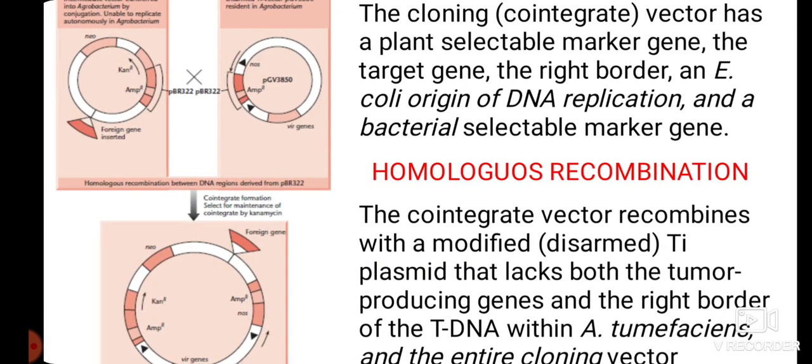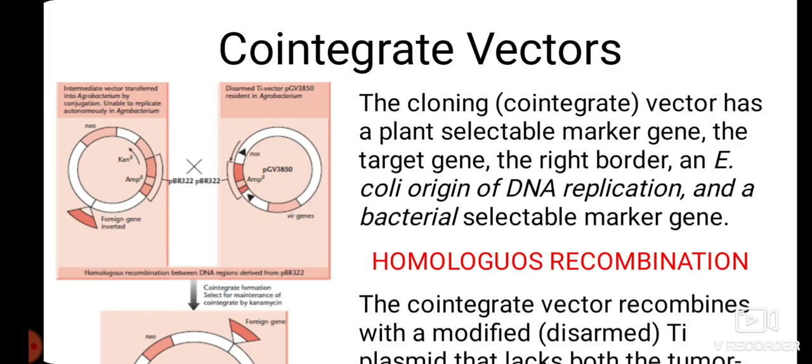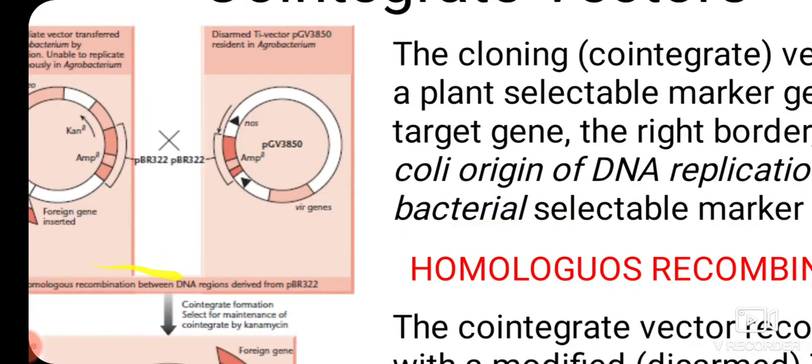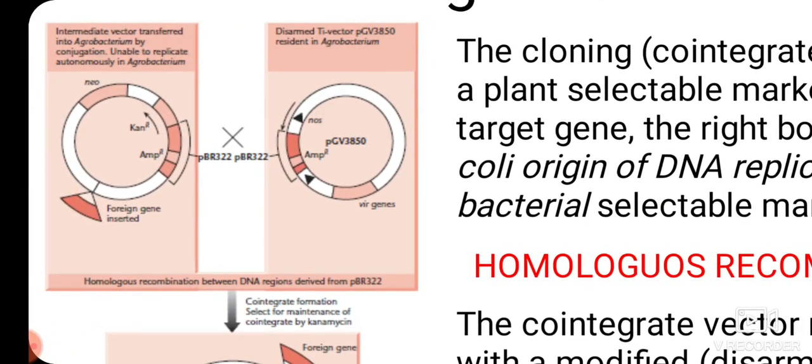In this co-integrate vector system, two different vector systems were constructed, one carrying the virulence gene followed by the right and left border and the pBR322 portion, and another portion having ampicillin resistance and a multiple cloning site.